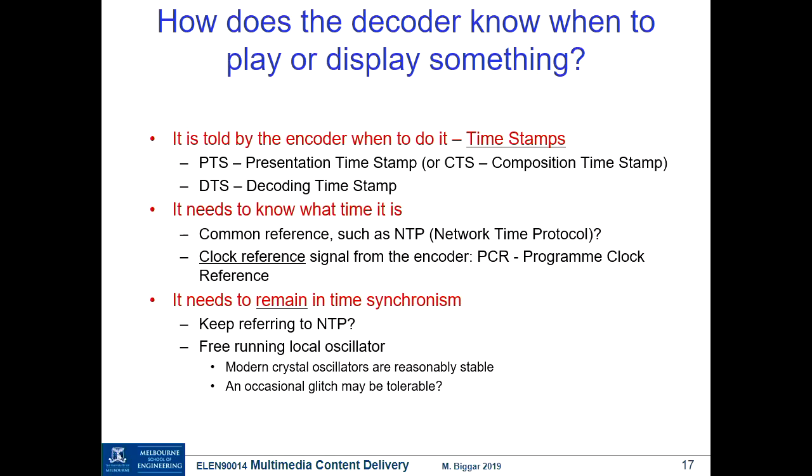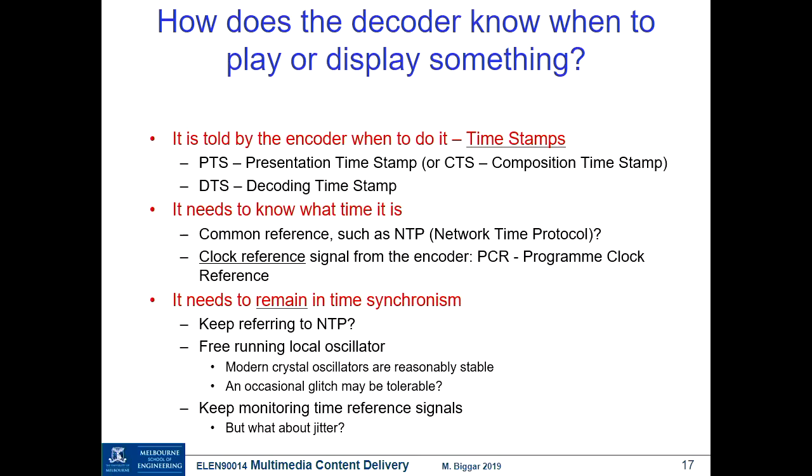Maybe there'll eventually be a glitch and we'll lose a frame or something like that. So I think we should take a moment to consider whether we really do need to keep these oscillators in synchronism, or do we keep monitoring these time reference signals? And how do we handle that in the case of something like a packet network where we could have jitter?